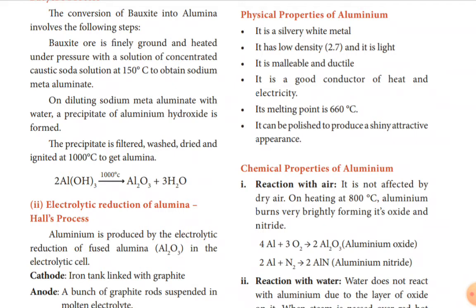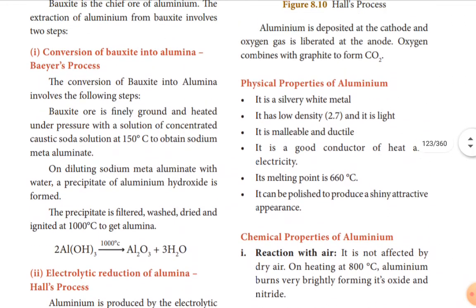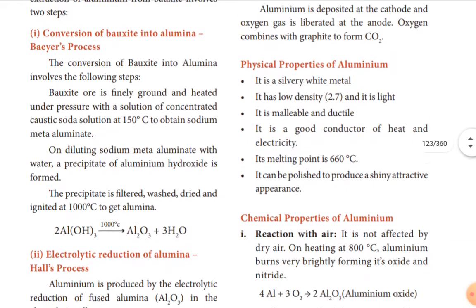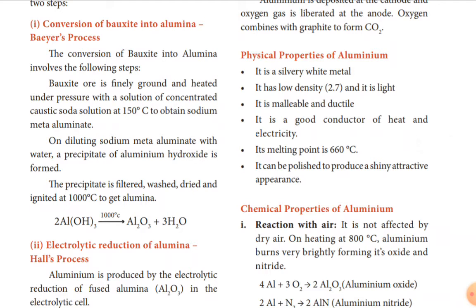So my dear students, the first step, that is the conversion of bauxite into alumina, the Baeyer process is used. The name of the process is Baeyer process, and there are 3 stages in this. First stage, bauxite into sodium metaaluminate in presence of caustic soda. Second stage, sodium metaaluminate to aluminum hydroxide.